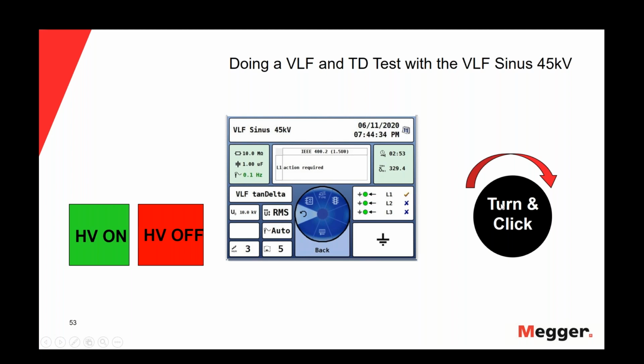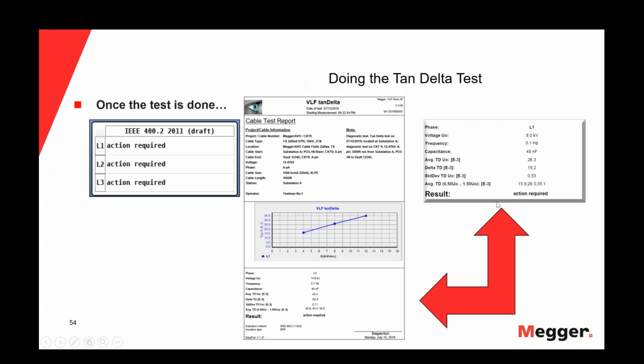We can download the information with a memory stick, or we can leave the measurement in the internal memory of the unit.